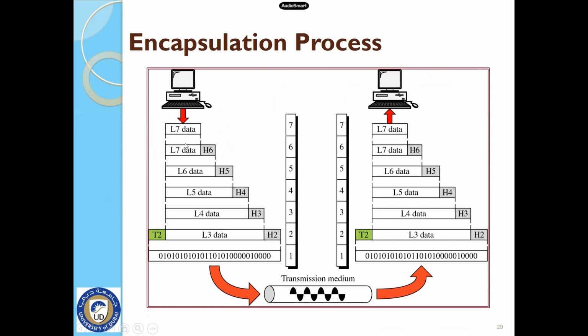This means I have my original data, but I added to it some extra data to do a certain task. And this is what we call a header. And this is 6 because it's layer number 6, the presentation layer. Now the session layer, that's header 5. L7 plus H6 is L6. We added some header, so I'm adding some information.